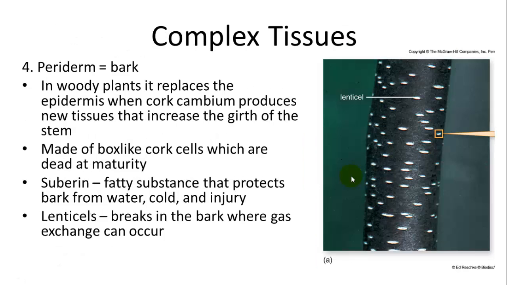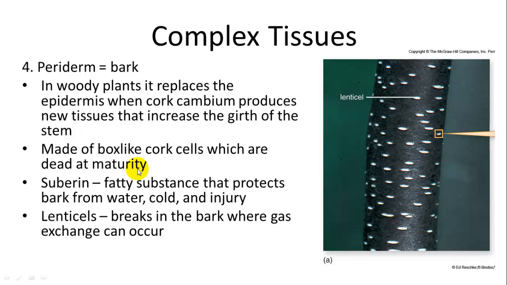Alright, periderm then is the bark, or the outer layer of the very woody substance on the outside of plants. And this replaces the epidermis when the cork cambium produces new tissues that increase the girth of the stem. Okay, so secondary growth. And these are made of box-like cells, which are dead at maturity.